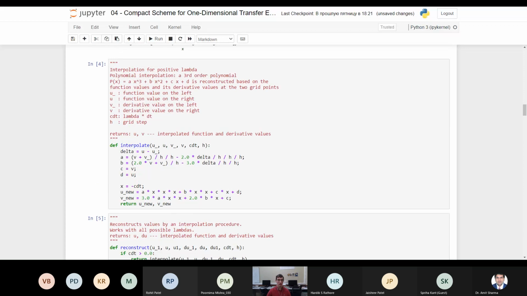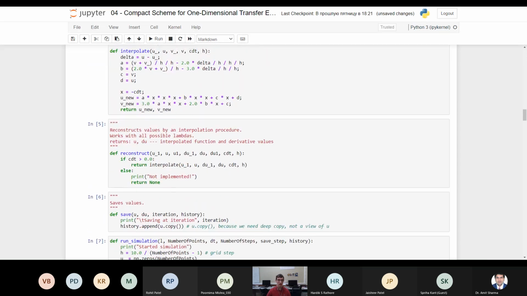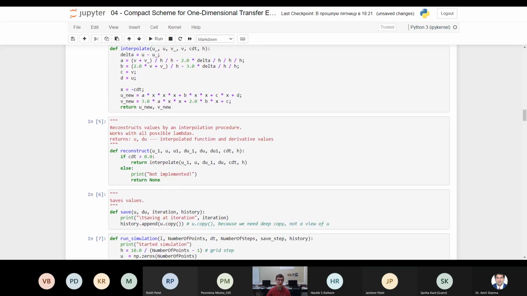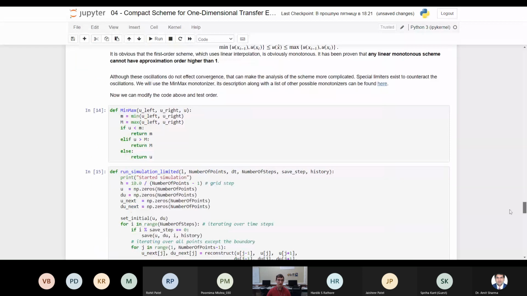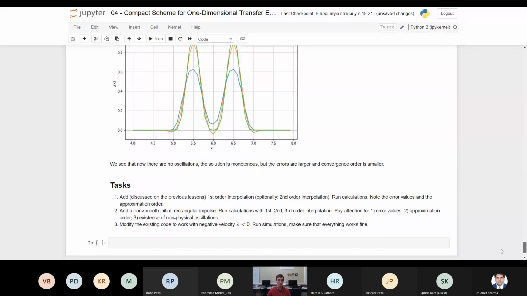You can either replace it or add your own function like interpolate 1 for the first order interpolation, and then call the accurate function here and run the computations and see the difference between the numerical methods of different order.